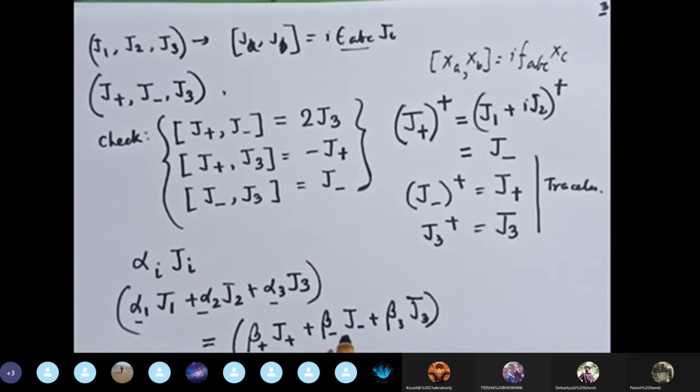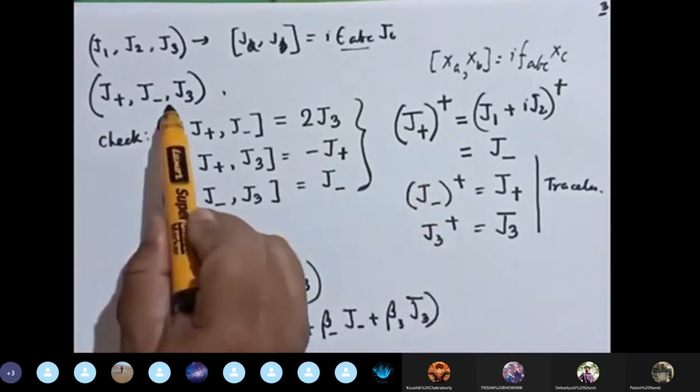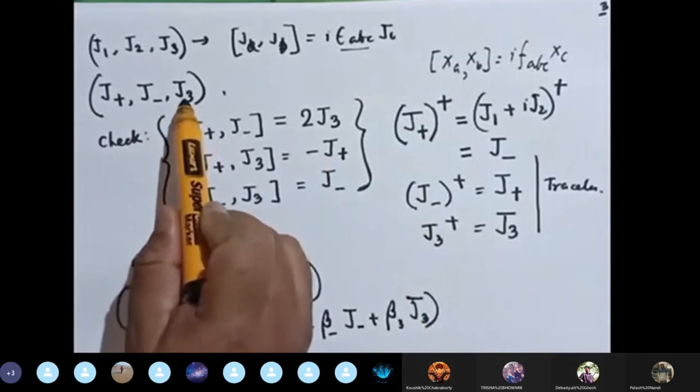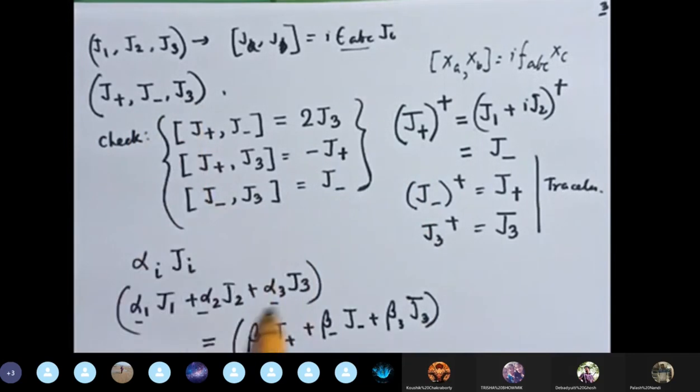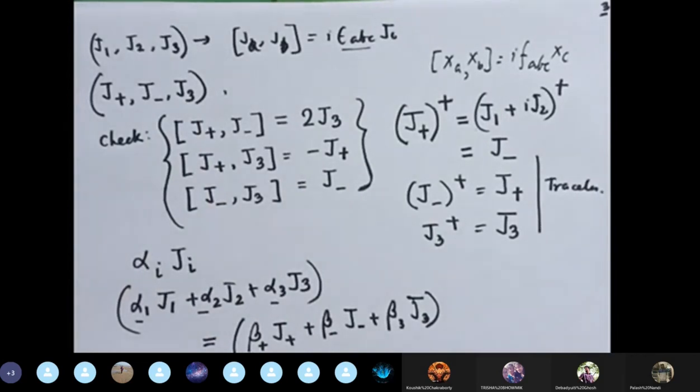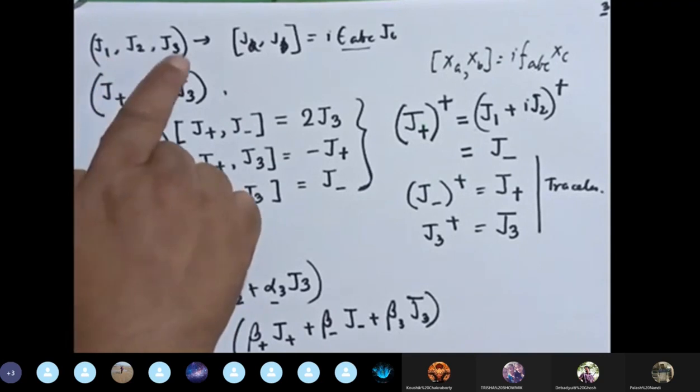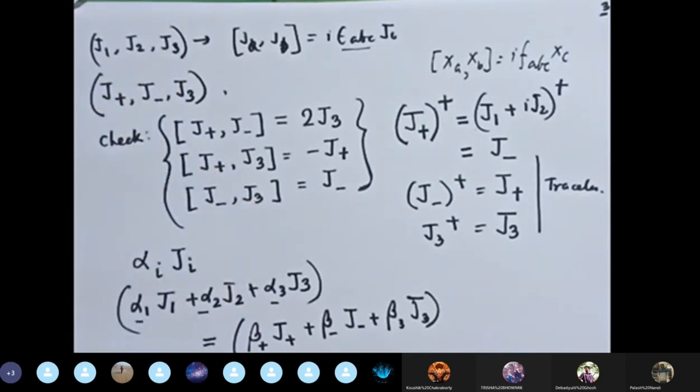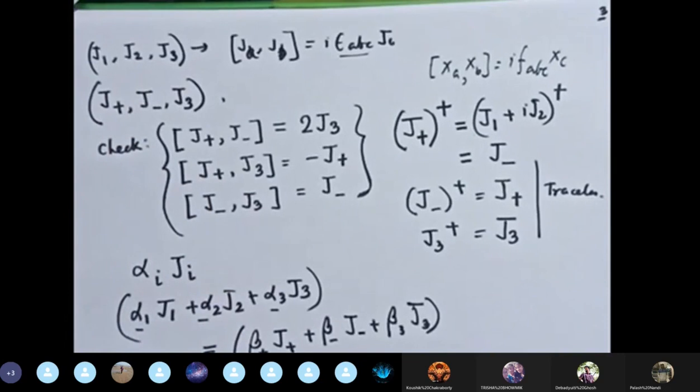The coefficients have to be adjusted so that this thing is Hermitian, because the other is Hermitian. So this new combination may not be Hermitian, but you can always express this object as this object. Only thing is that then these betas are not real. Our purpose is to find out whether J1, J2, J3 exist when the dimension is n cross n.